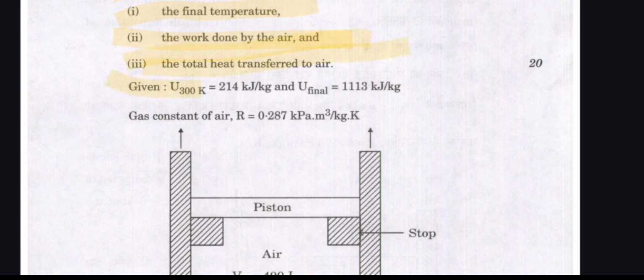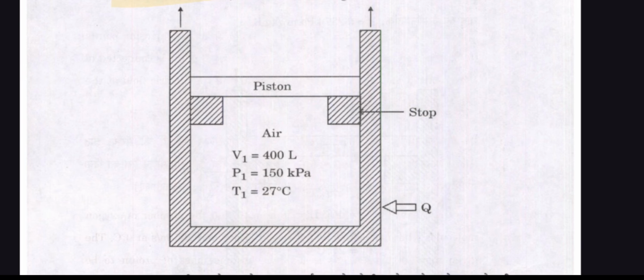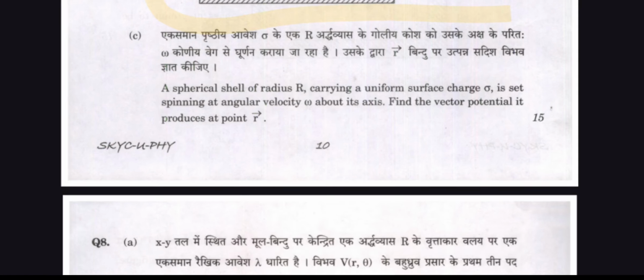Given u1 is equal to 214 kJ/kg and u final is equal to 1113 kJ/kg. The gas constant of air is R is equal to 0.287 kPa·m³/(kg·K). So this is the figure, and come to the next question.